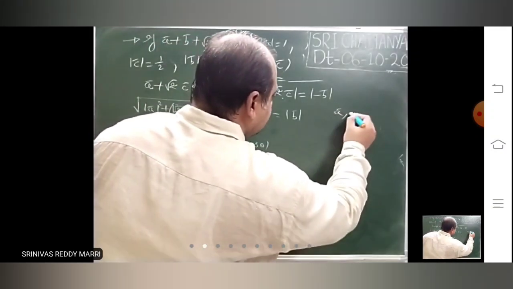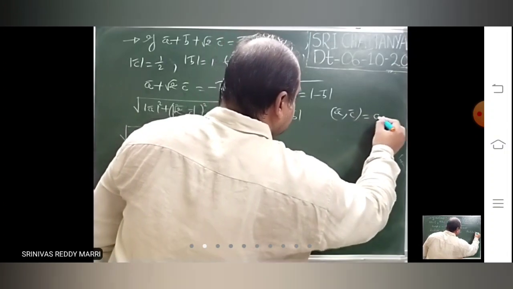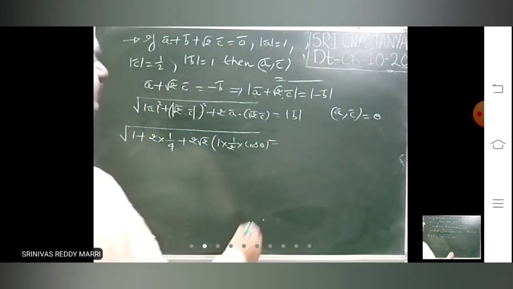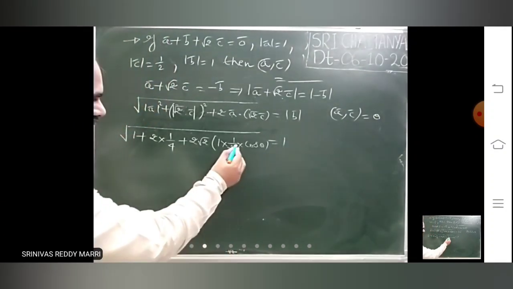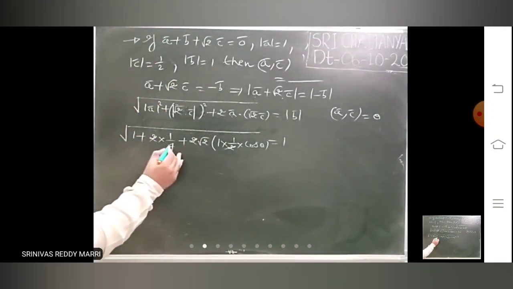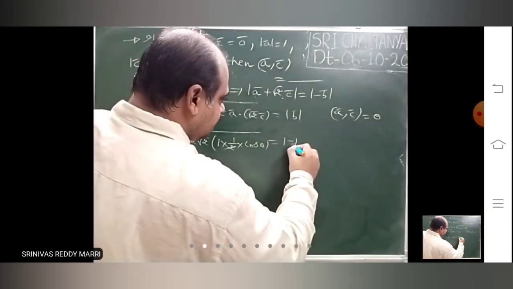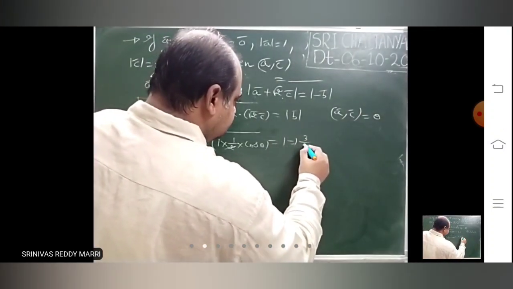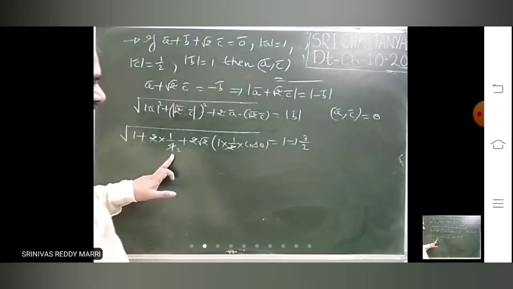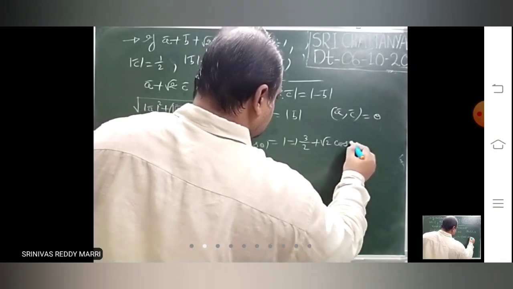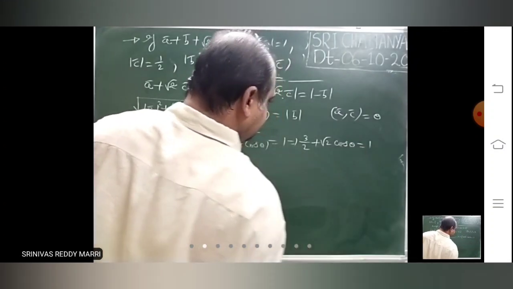Let us say the angle between A bar and C bar equals theta, which you need to calculate. So this is nothing but 1. The 2 will get cancelled, 2 ones, 2 into 1 by 2, squaring on both sides, that means 1 plus 1 by 2, 3 by 2 plus root 2 cos theta equal to 1.